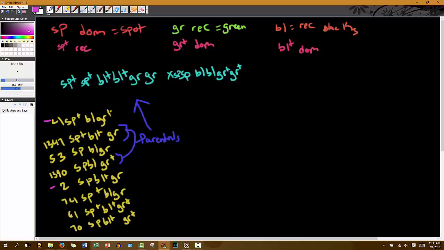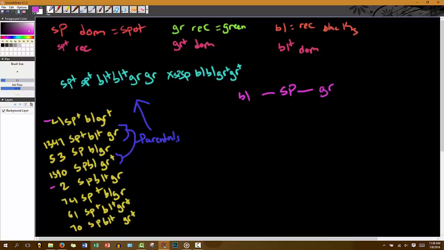Because when GR is positive, SP is not positive. When GR is not positive, SP is positive. And BL always reflects SP. So SP is in the middle. And there's no way of knowing which way the gene was, so you have BL and GR.